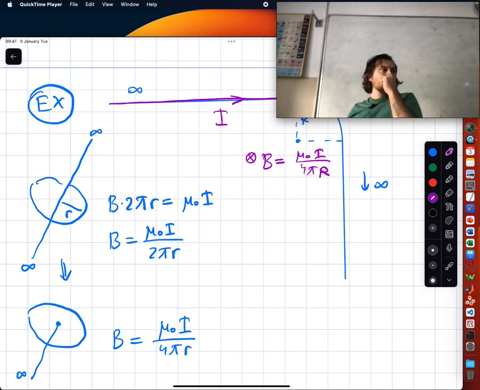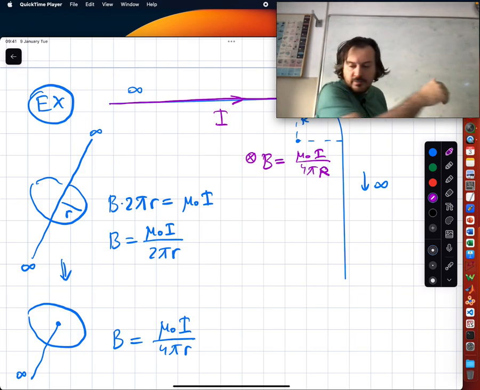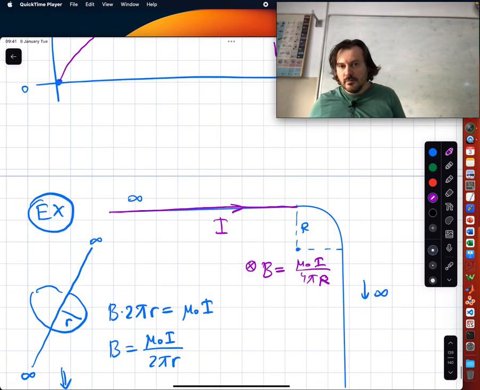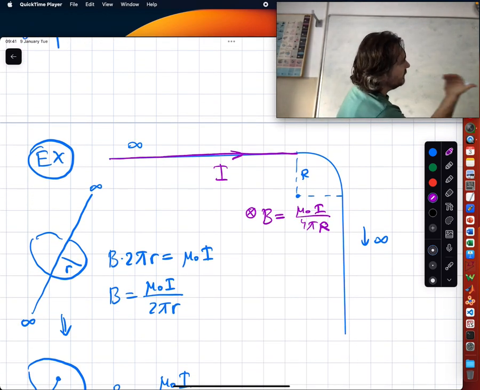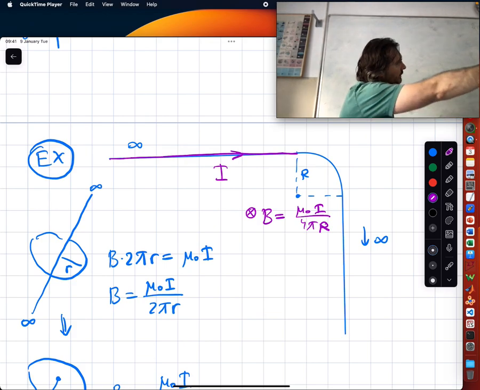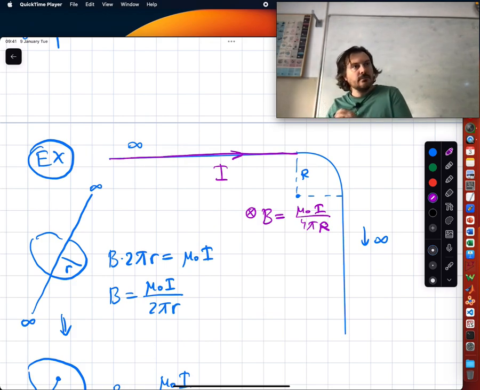Going in, because if you put your thumb like this in the direction of the current, then the magnetic field goes in. Okay?